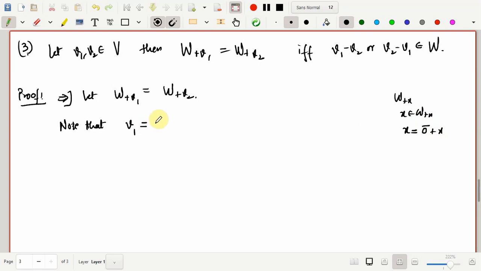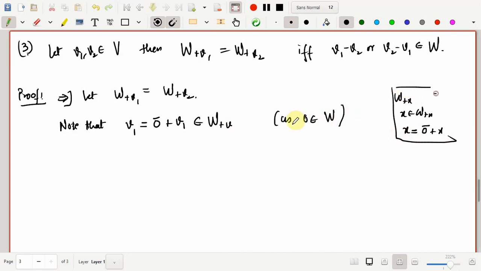So V1 can be expressed as one particular element in W, that is the zero element, plus V1, which means that V1 belongs to W plus V1, as this 0 bar is also in W, as W is a subspace.